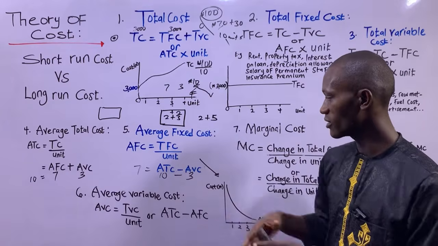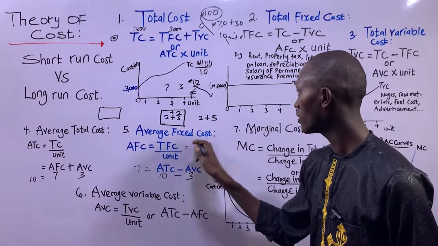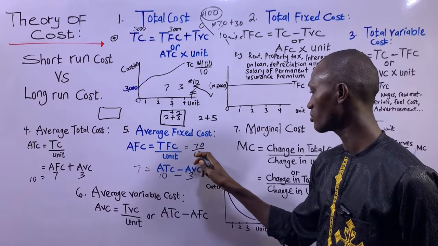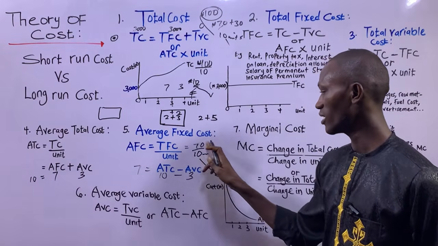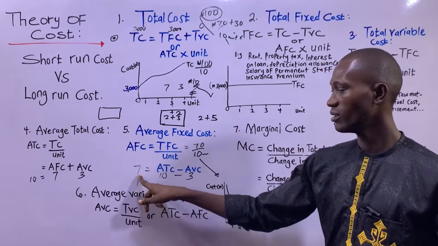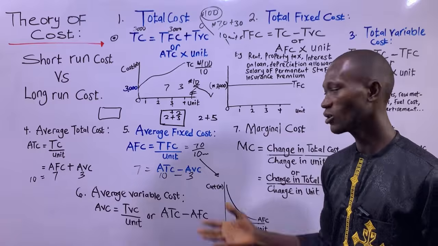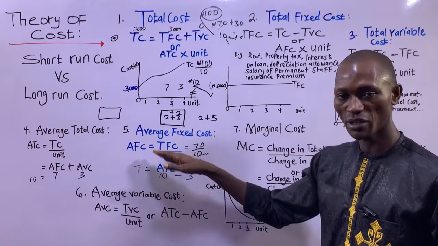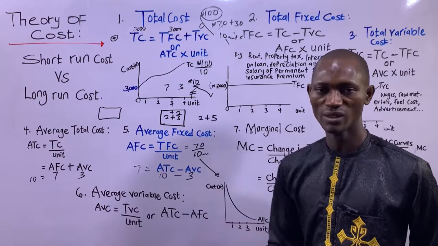Total fixed cost here is 70 naira, divided by the units produced, which is 10 units. Then 70 divided by 10 gives us 7, which we have here. So whichever of these two formulas or methods you use, you are going to get the same answer.